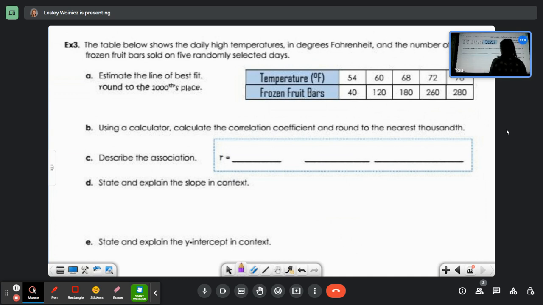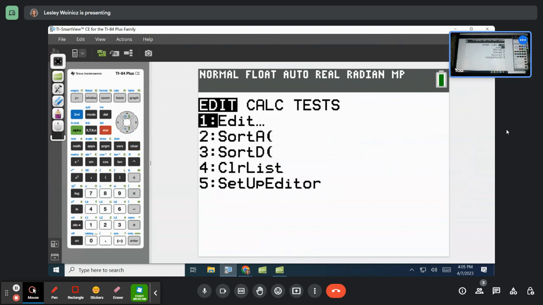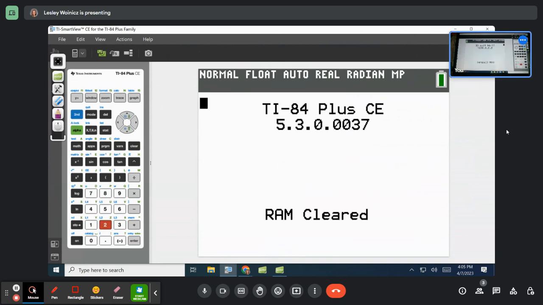The temperature is going to be our x's, and those will go with list 1. And the frozen fruit bars will be the y's, and that goes in list 2. Okay. Go to stat. Oh, let's clear the memory. Second plus 7, 1, 2. Okay, memory cleared.